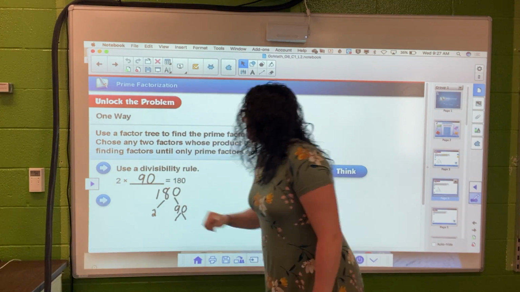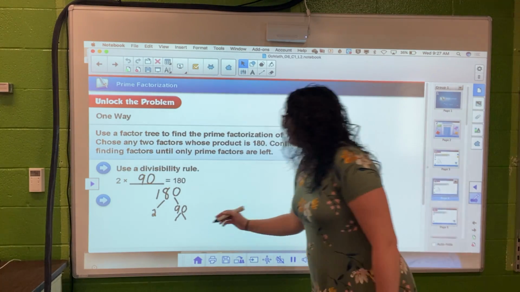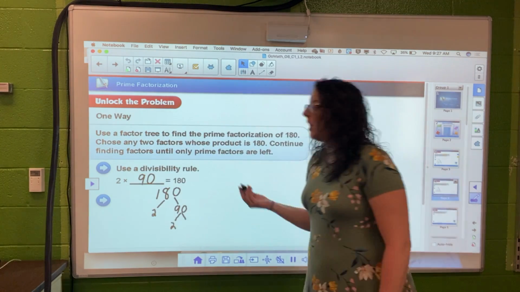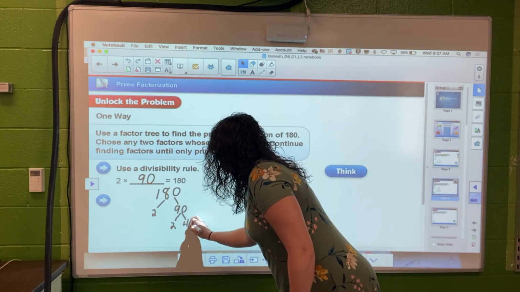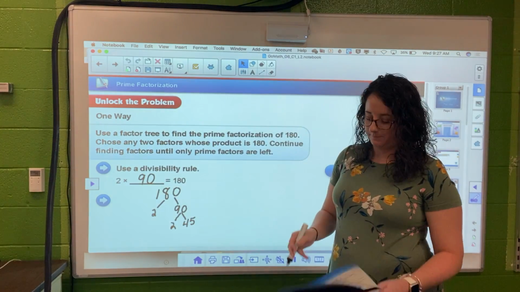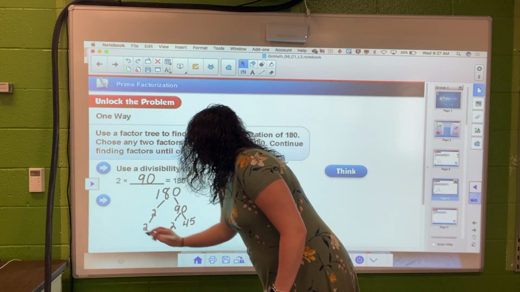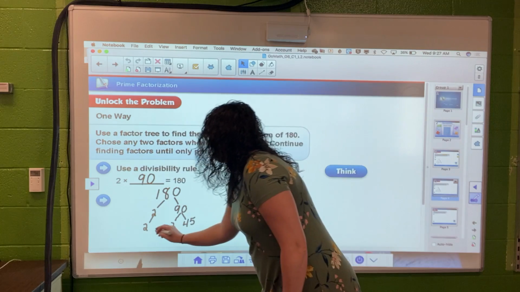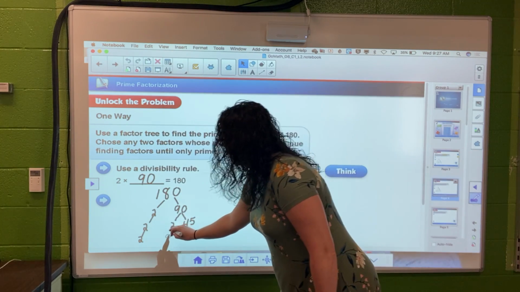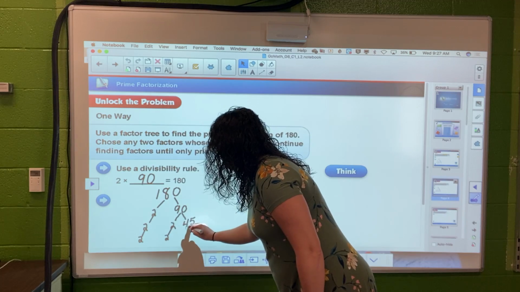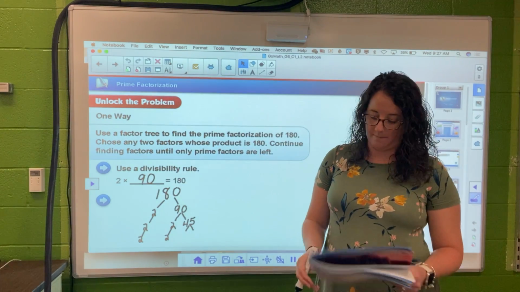We're going to keep using this divisibility of 2 because it's still an even number, so we have to think 2 times what gives us 90? 2 times 45 is 90. So we'll bring this 2 down because it's still a prime number. Bring it down again. We have a 2 here from our 90. That's going to be brought down, but we have to split 45 because it's not a prime number.